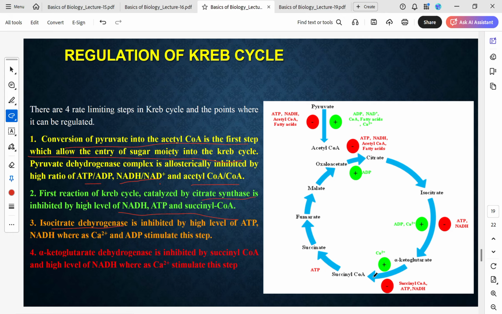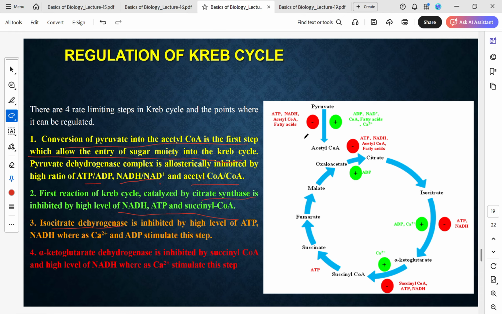Alpha ketoglutarate dehydrogenase, which mediates the conversion of alpha ketoglutarate to succinyl coenzyme A, is inhibited by high levels of NADH, whereas calcium presence stimulates this step. So these are the 4 rate limiting steps in Krebs cycle where there is regulation.